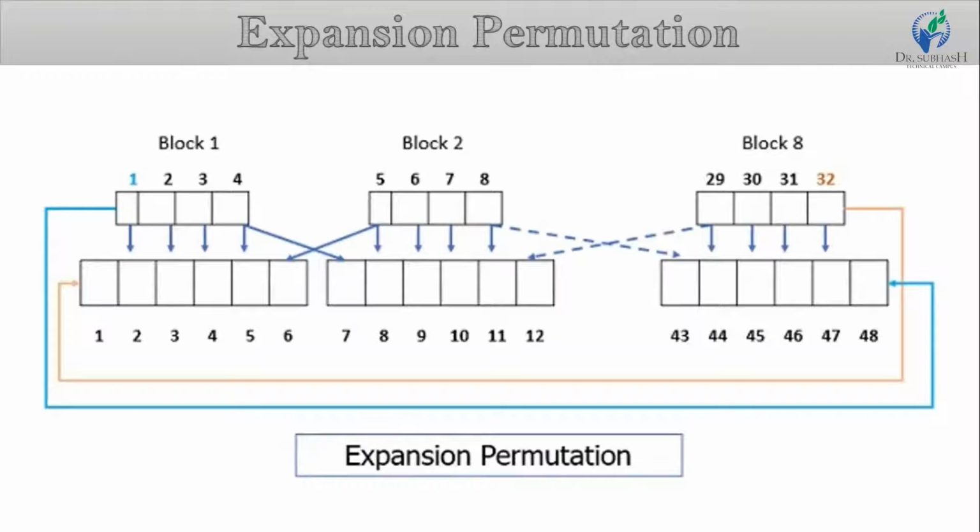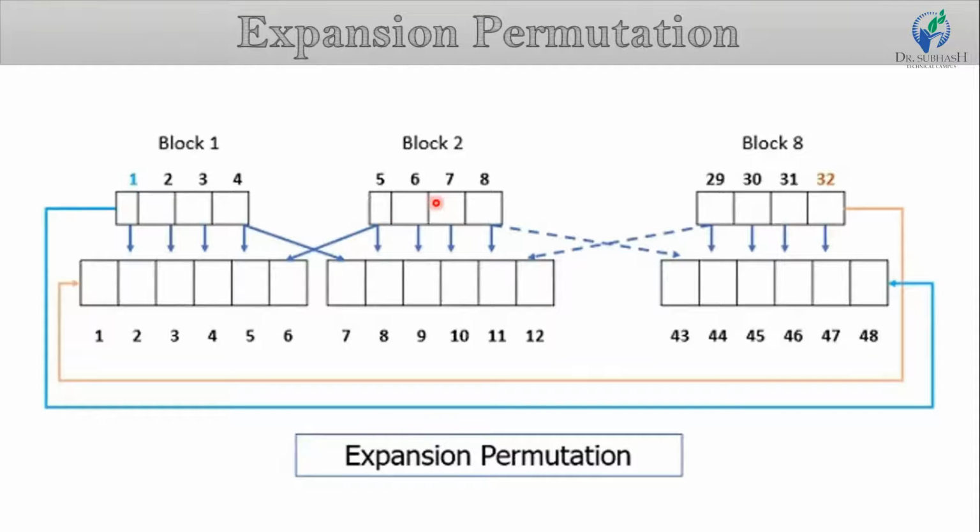Remember, here we select only the 32-bit RPT. The 32-bit LPT is untouched during this process. For expansion, the 32-bit RPT is divided into 8 blocks, where each block is 4 bits.